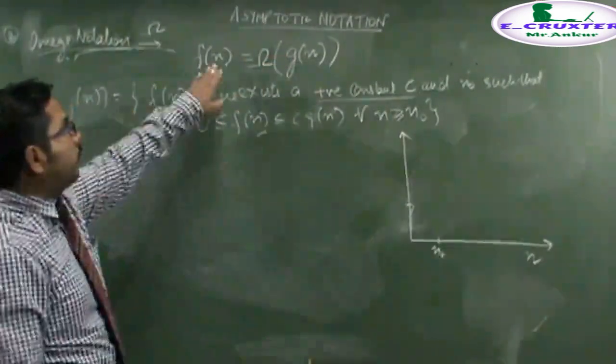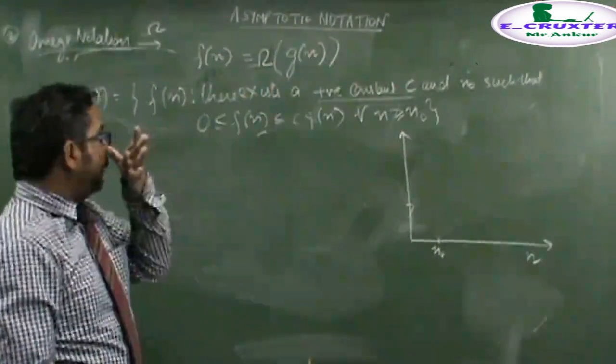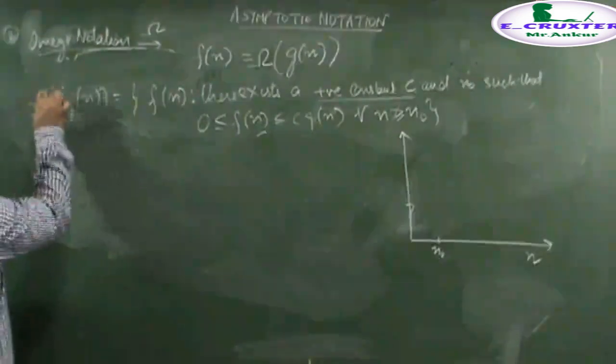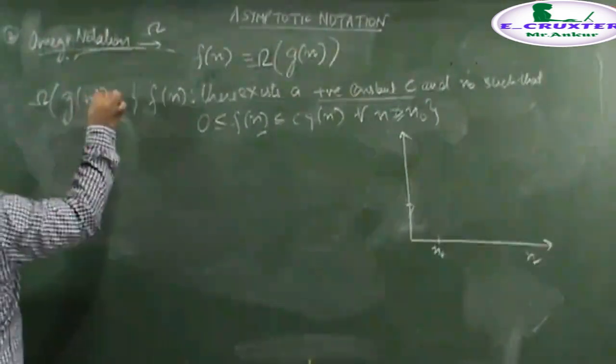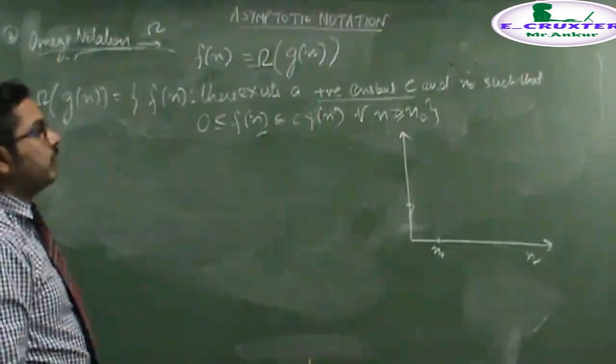That is, for the function f(n), the function g(n) is acting as a lower bound, and mathematically you will write it as omega of g(n) is equal to f(n), such that there exist a positive constant c and n naught.